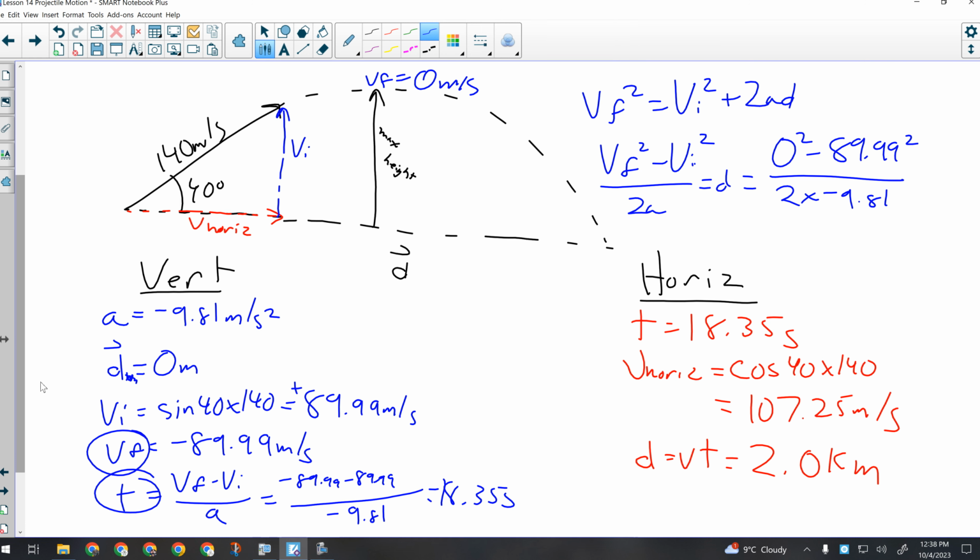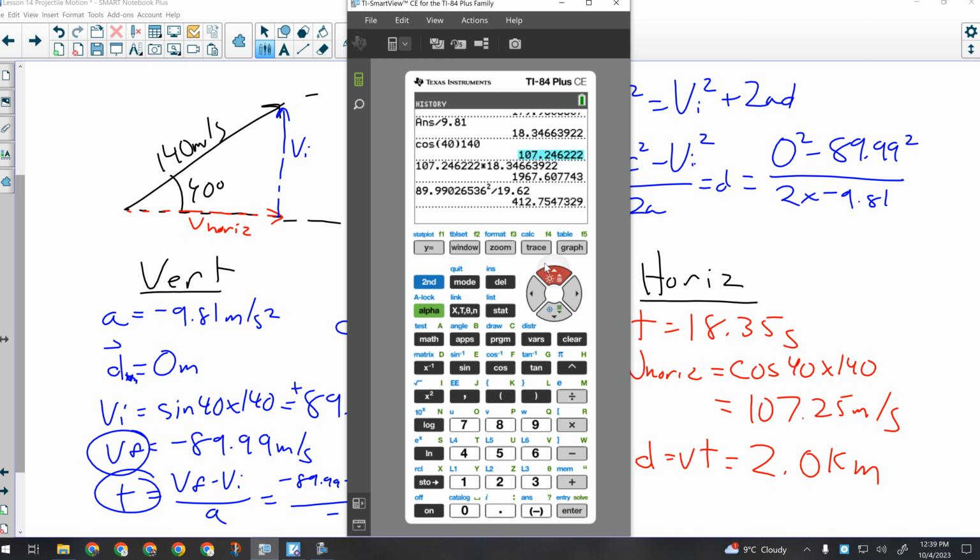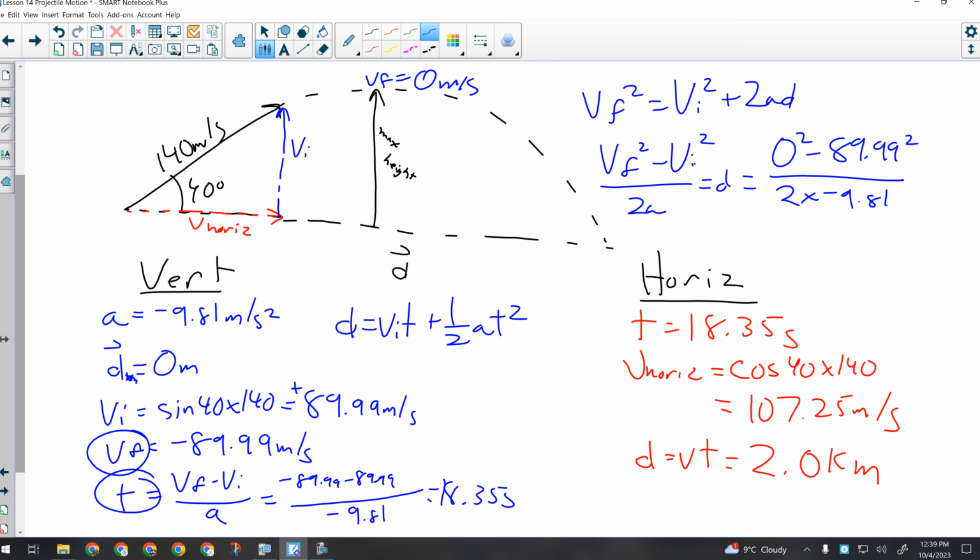Now, the other way to do this, equally valid, is to use this formula, as long as I use what for the time? Half of this. Okay? So I'm going to take that number right now and divide it by 2, so I have it. All right, so now that I've got that number, I'm going to plug in my numbers here.